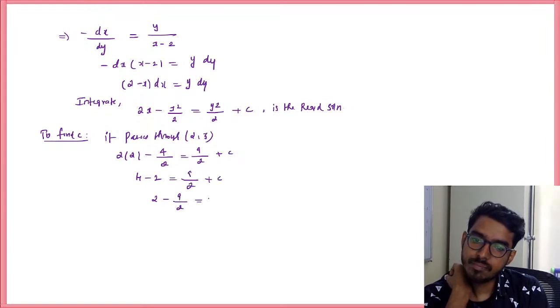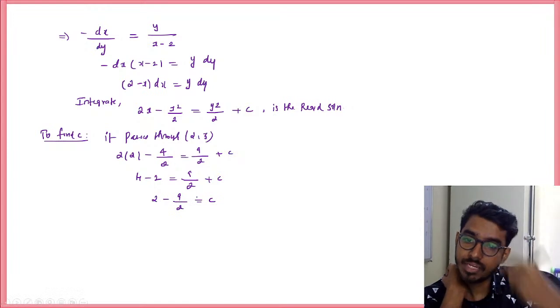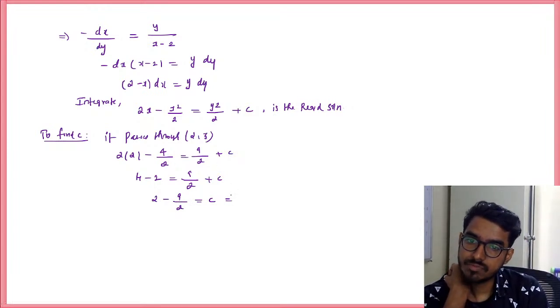So 2 minus 9 by 2 is equal to c. So c is minus 5 by 2.